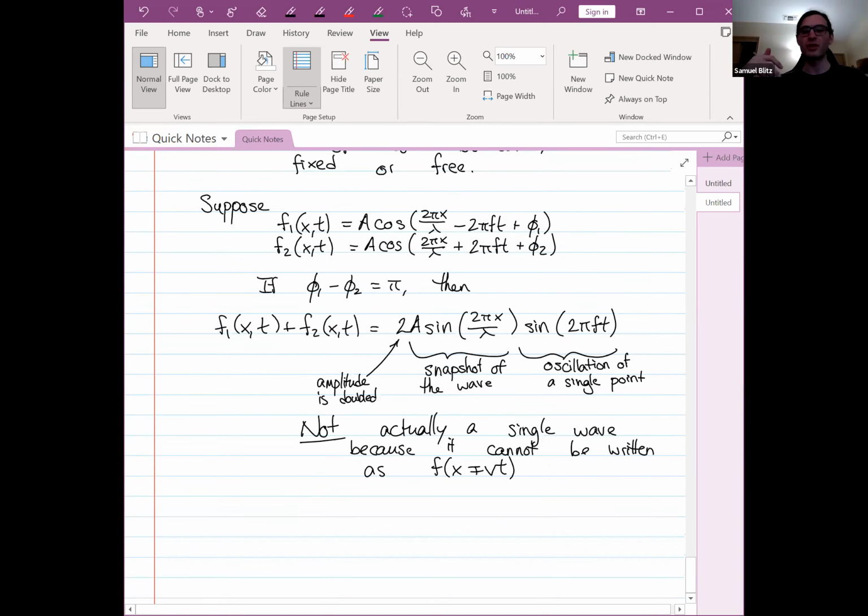So the standing wave can really be viewed as just a snapshot of a wave where the amplitude changes with time.